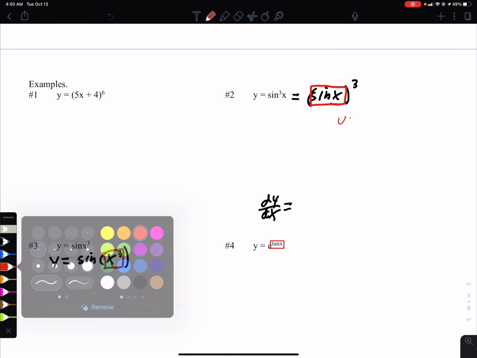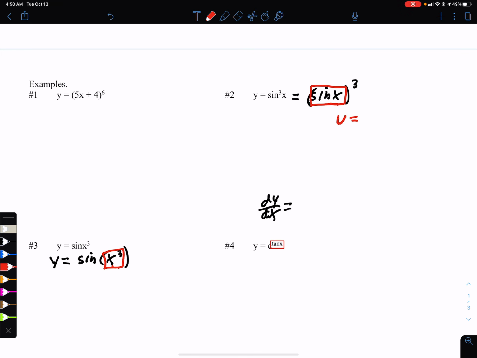Try this again. So u is the inside one, which is sine x. So if this is u right here, we're going to have y equals u cubed. Again, the thing on the inside right here, that's our u. So it's u cubed. What are we able to find?